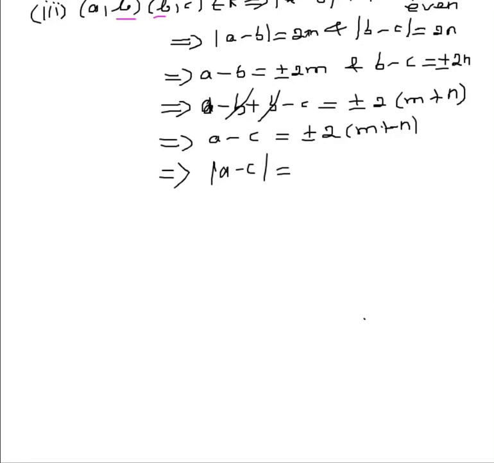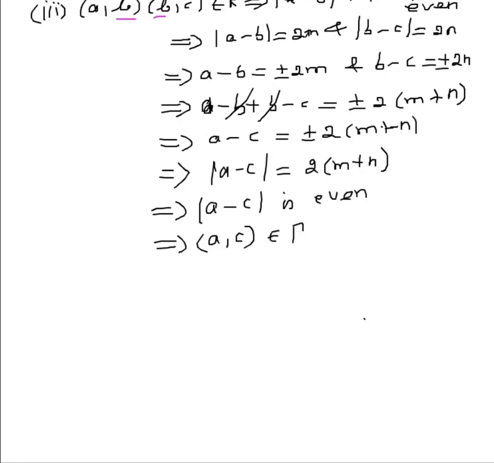So absolute value of a minus c becomes 2 times (m plus n). Because I have put absolute value sign, I can remove the plus or minus sign, which implies absolute value of a minus c is even because it is a multiple of 2. So the definition is satisfied. So I can say that (a, c) also belongs to R, and it is true for the 3 numbers taken from the given set A. Therefore, I conclude that R is transitive.